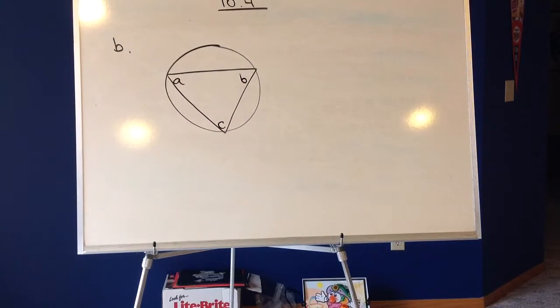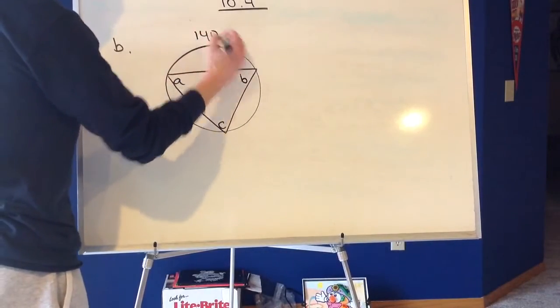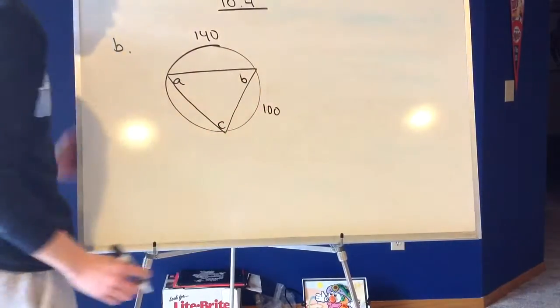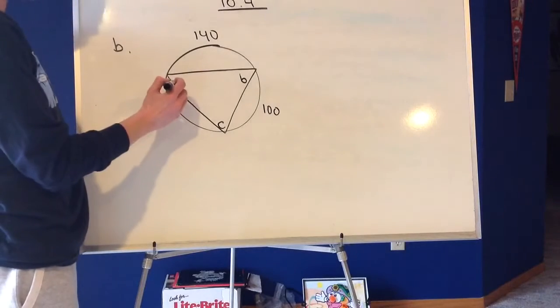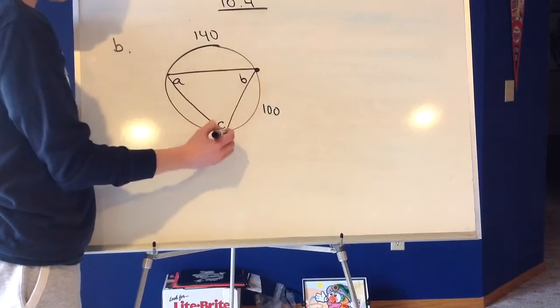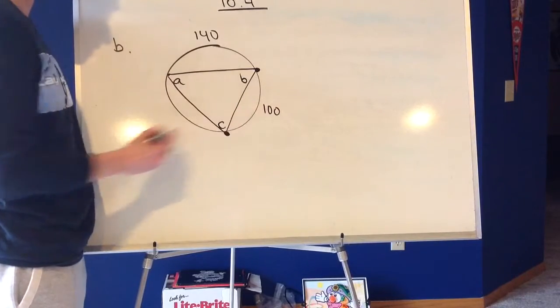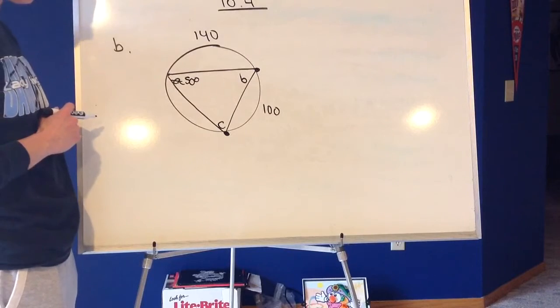They tell you that you have 140 on that top one and 100 right here. So they ask you to find A, B, and C. Well, A is an inscribed angle. If you follow it out, you can see its intercepted arc is 100. That means it has to be half as big, which would make it 50.